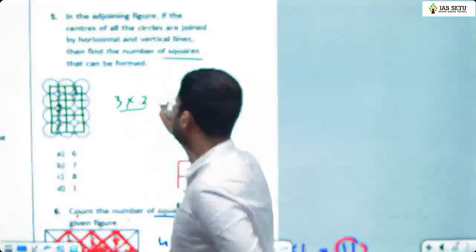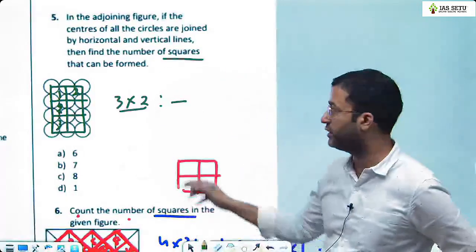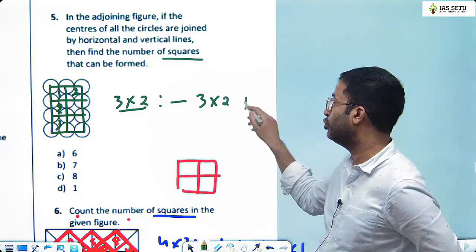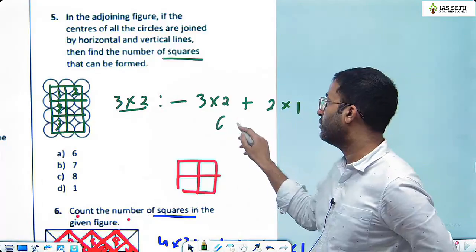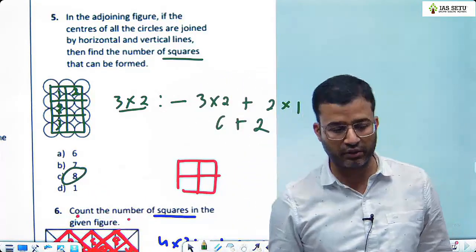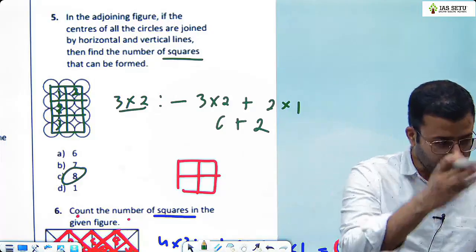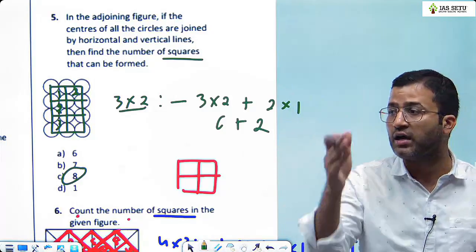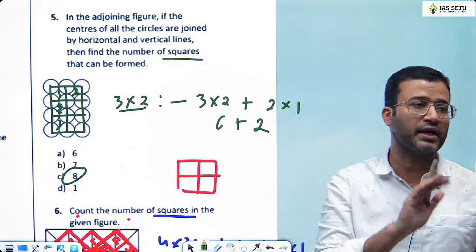And if it is a 3 by 2 figure, how many squares will be there? Rule is 3 into 2 plus 2 into 1. We get 6 plus 2, 8. And maximum number 8 is available, so you mark 8. आपको सारे सेंटर्स को ज्वाइन करना है वर्टिकल और हॉरिजॉन्टल लाइन की हेल्प से.